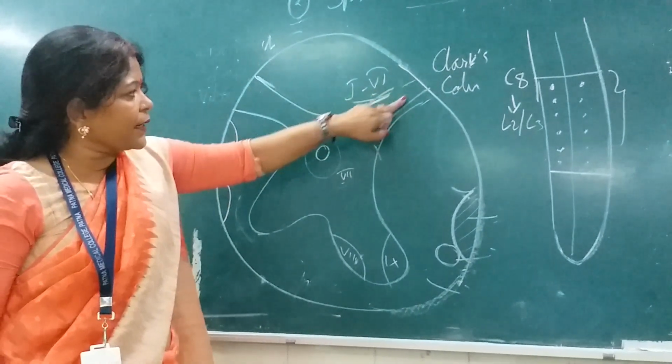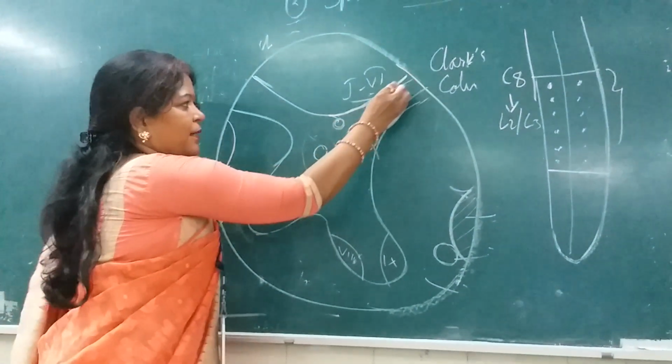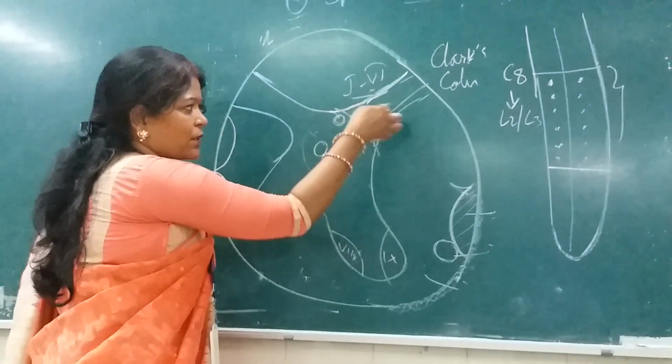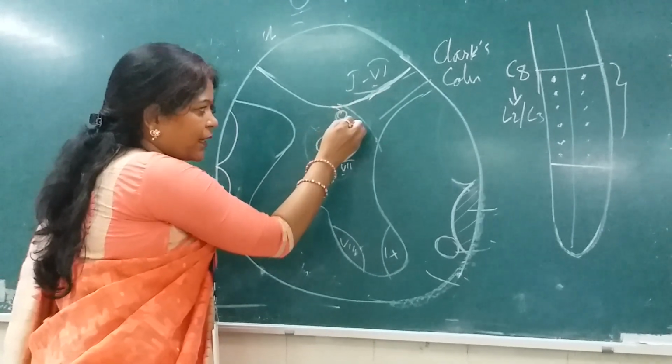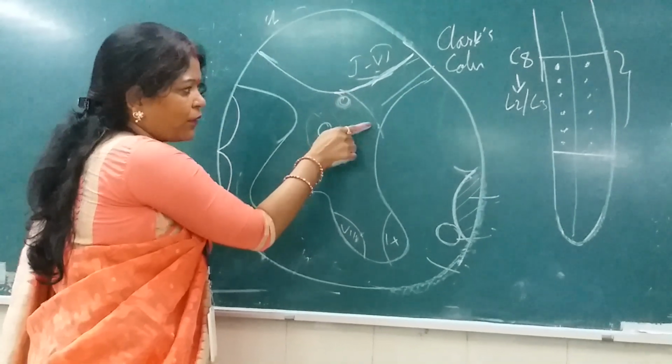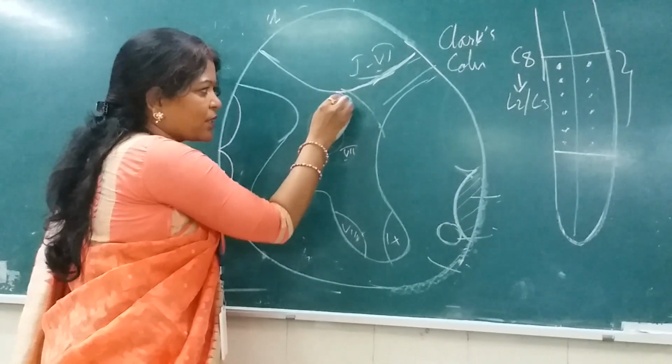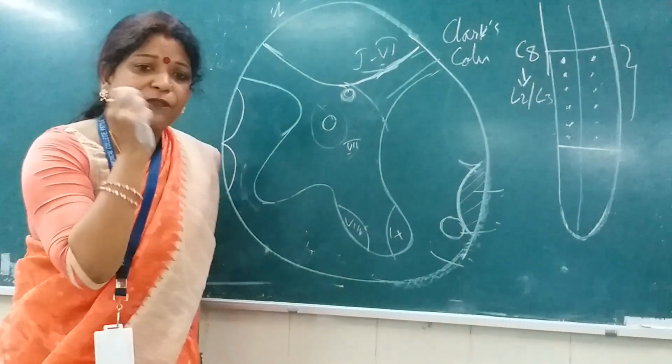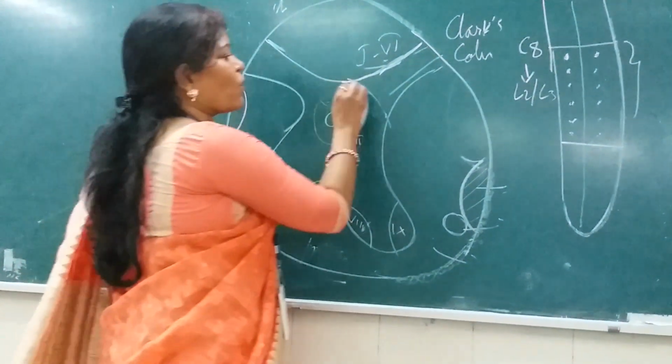This is the dorsal grey horn. Up to the 6th it was sensory. In the 7th area, the medial position of the base of this dorsal grey horn, these were the Clark column cells, very specific cells.